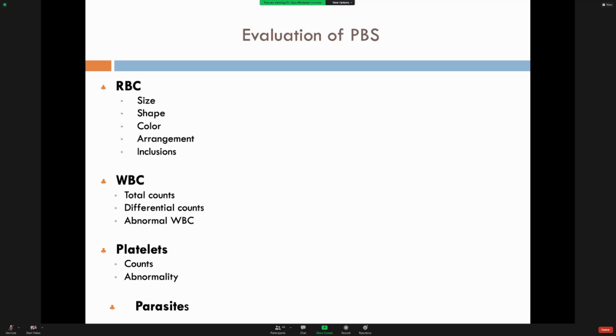Evaluation of peripheral blood smear. You have to start with the red blood cells. When you are looking at red blood cells, you have to look at size, shape, color, arrangement, inclusions.